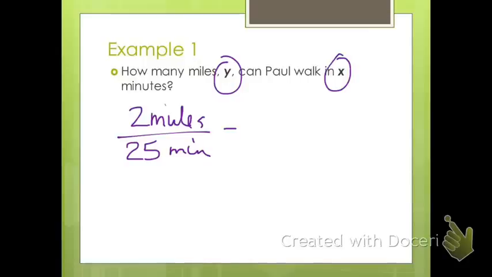Now, before, we set up a proportion and asked how many miles he can go in 137.5 minutes, and we solved and found that it was 11. So if I want to be more general, what would my proportion look like? Well, it would just say, if I can go 2 miles in 25 minutes, then I can go y miles in x minutes. And those 2 rates will be the same.